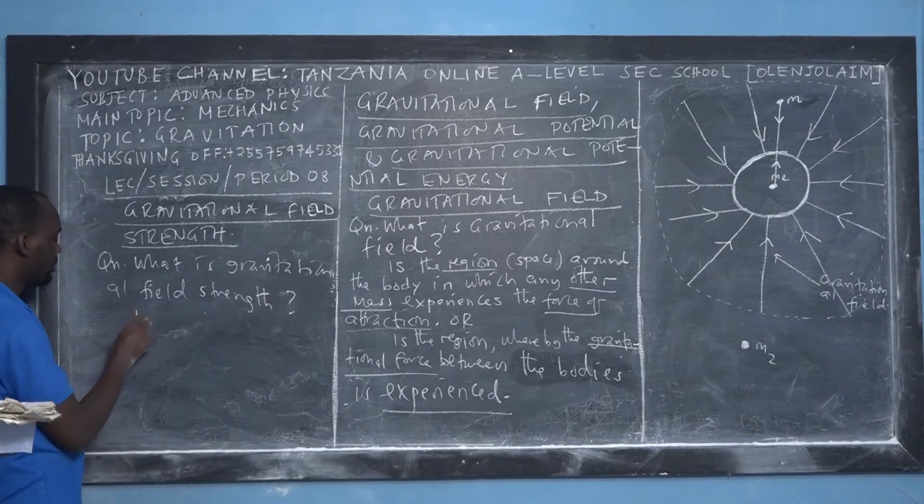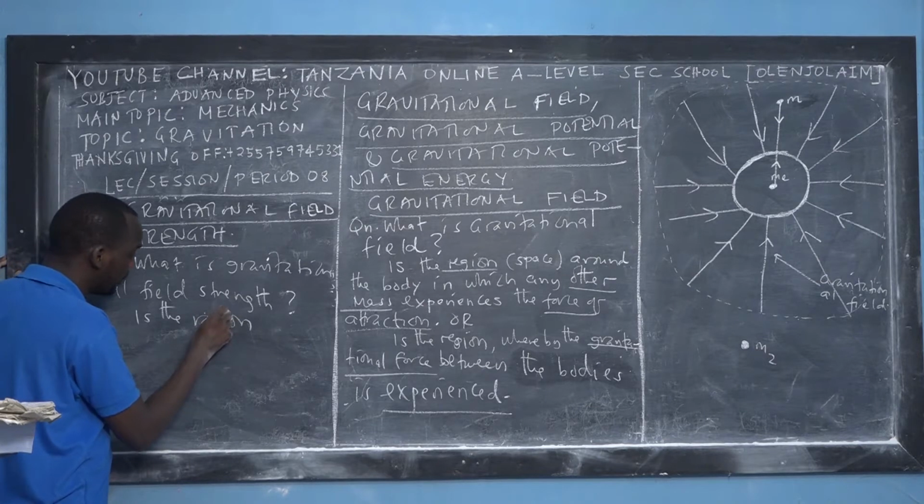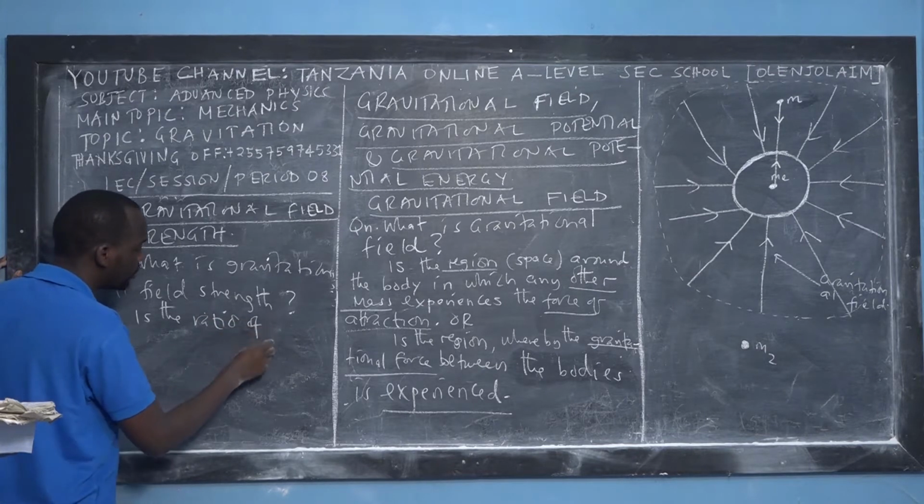So simply, gravitational field strength is a mathematical relationship, a ratio of what?